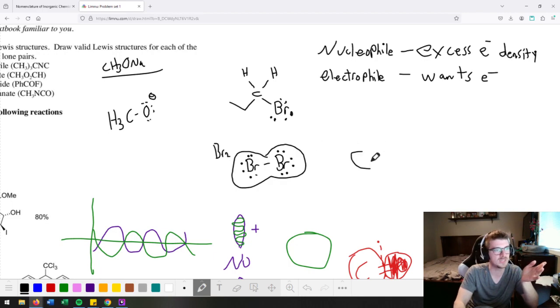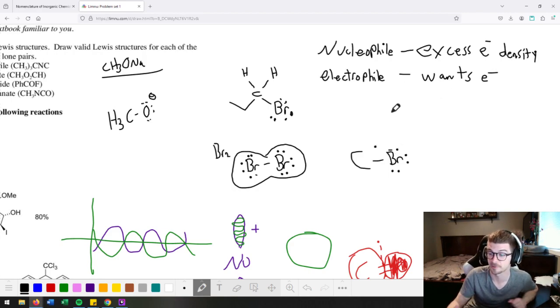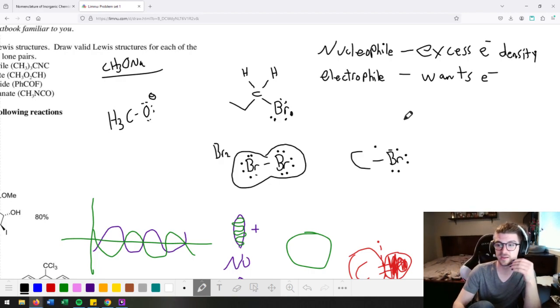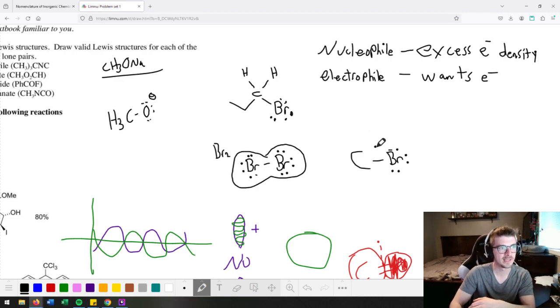But in a bond like this, bromine has a higher electronegativity than carbon. So again, it is pulling on the electrons around it harder than the carbon is.